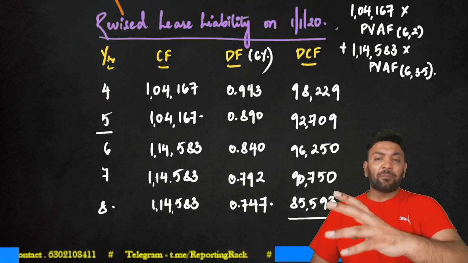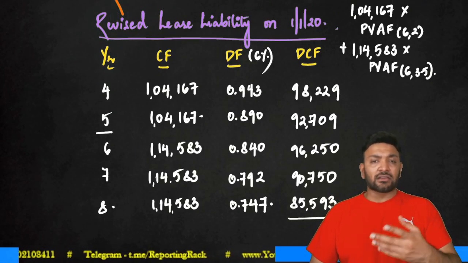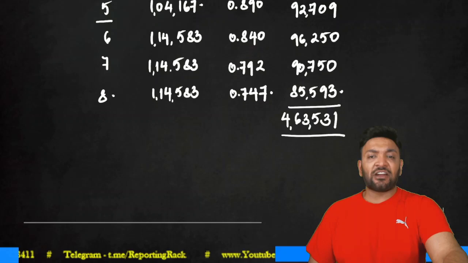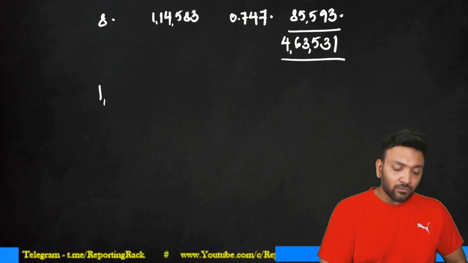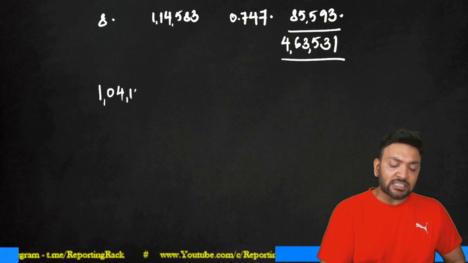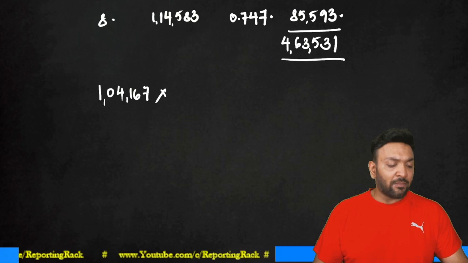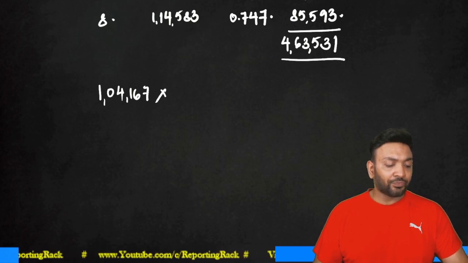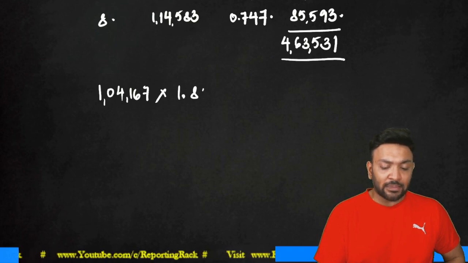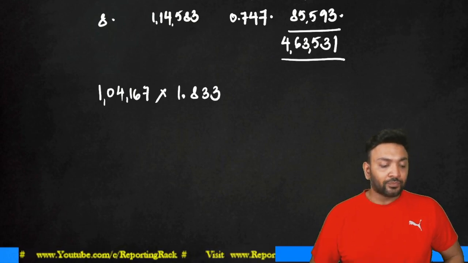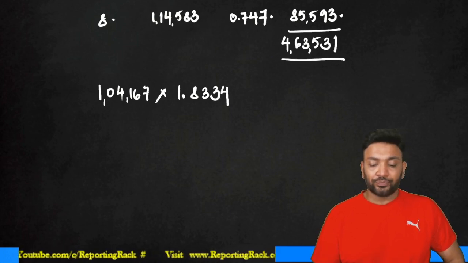If you would have applied present value annuity factor, somewhere it would have been almost the same answer. Someone who's applying present value annuity factor, I'll help you. 1,04,167 multiplied by present value annuity factor of 2 years, which is 1.833, or if you want 4 decimals, 1.8334.